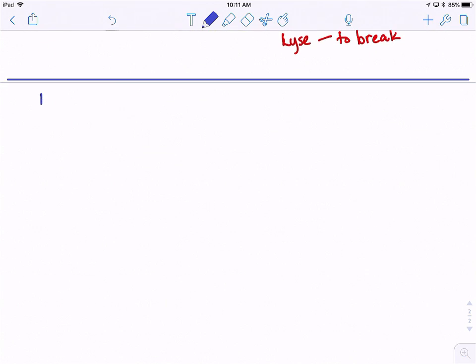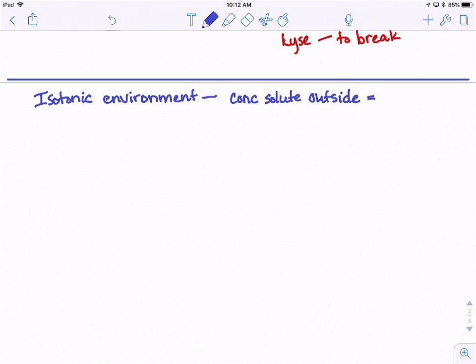Let's try an isotonic environment. In an isotonic environment, the concentration, now this is total concentration of solutes, outside the cell is equal to the total concentration inside the cell.